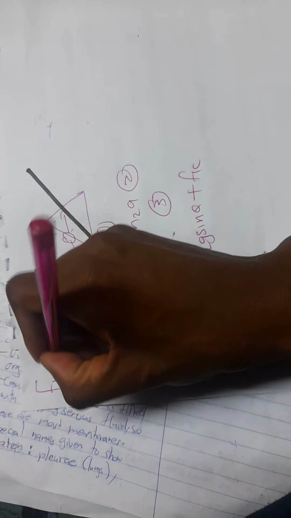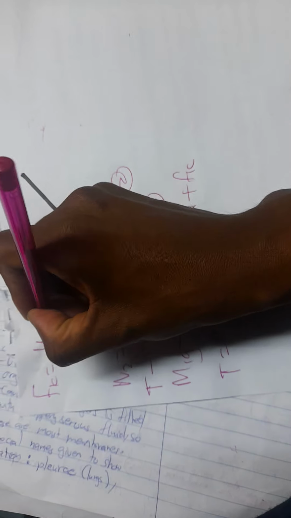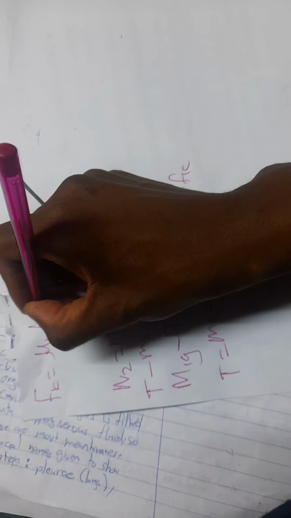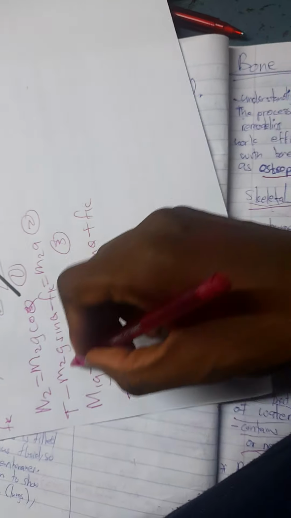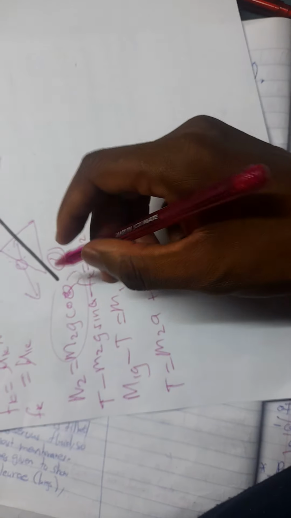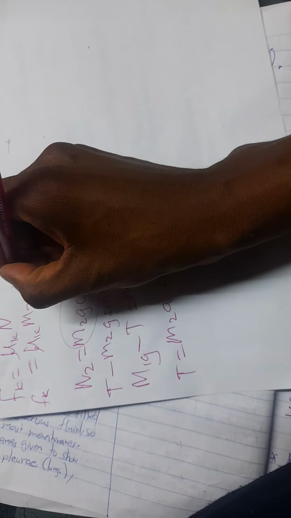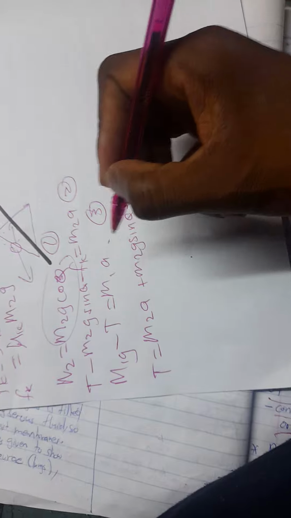Mind you, in physics we know that fk is mu k multiplied by N, and here we found out that our N is m2g cos theta.